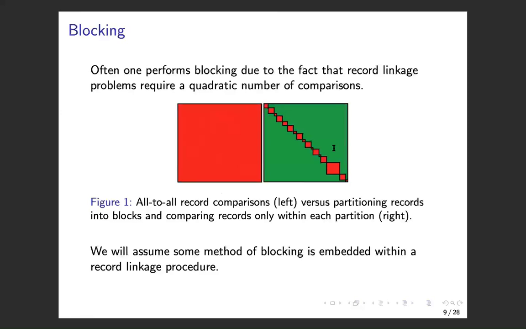So as an example, the reduction might be 90%. And of course, you want the percentage reduction to be as high as possible without impacting the recall and precision moving forward. So you, of course, don't want to split individuals that are the same across blocks, because then you can't fix that mistake when you apply the entity resolution method within the blocks.